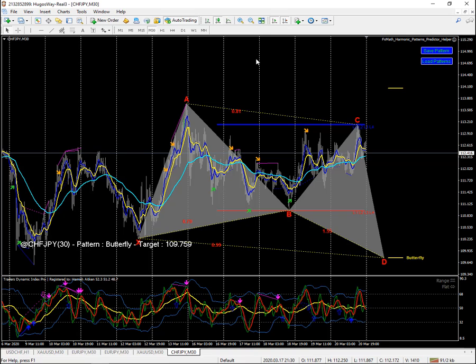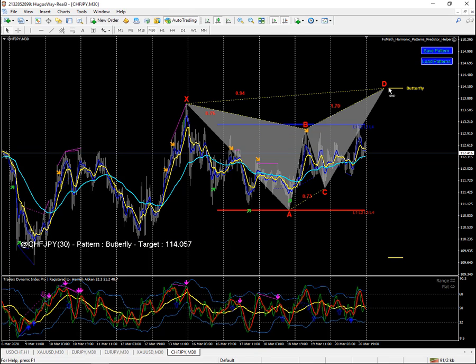So for CHFJPY, we are looking at a potential long position and a short position. It's going to depend on whether to take the butterfly or the other butterfly.